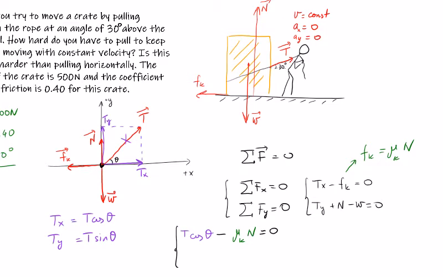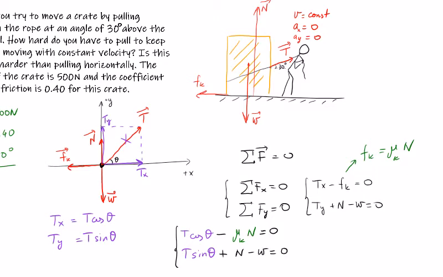And then for the second equation, we plug in Ty as T sine theta plus normal force minus weight equals 0.